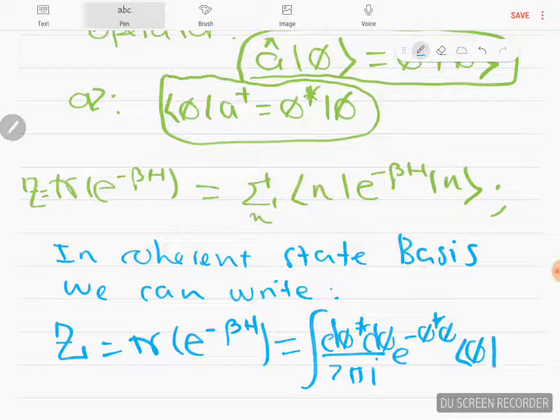This is bra phi here, this is e to the minus beta h here, this is ket phi here. So you can write something like this.